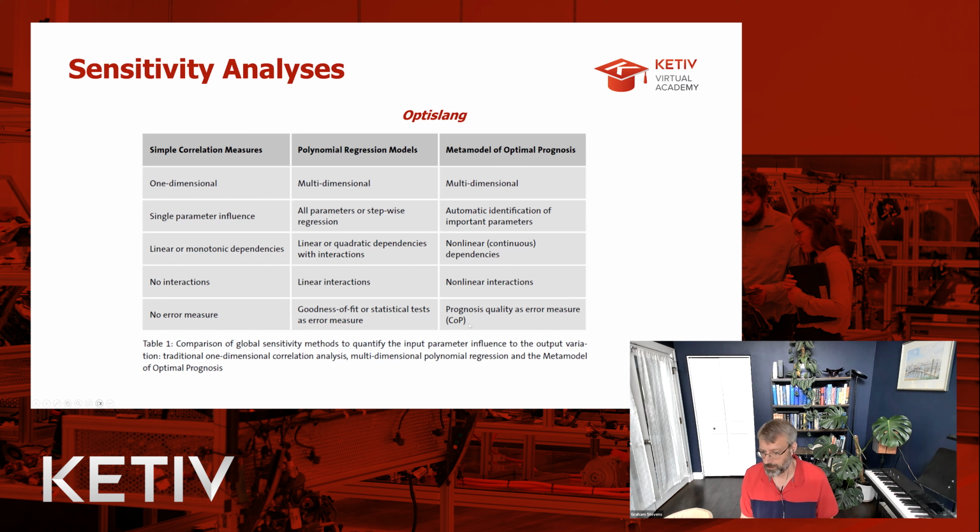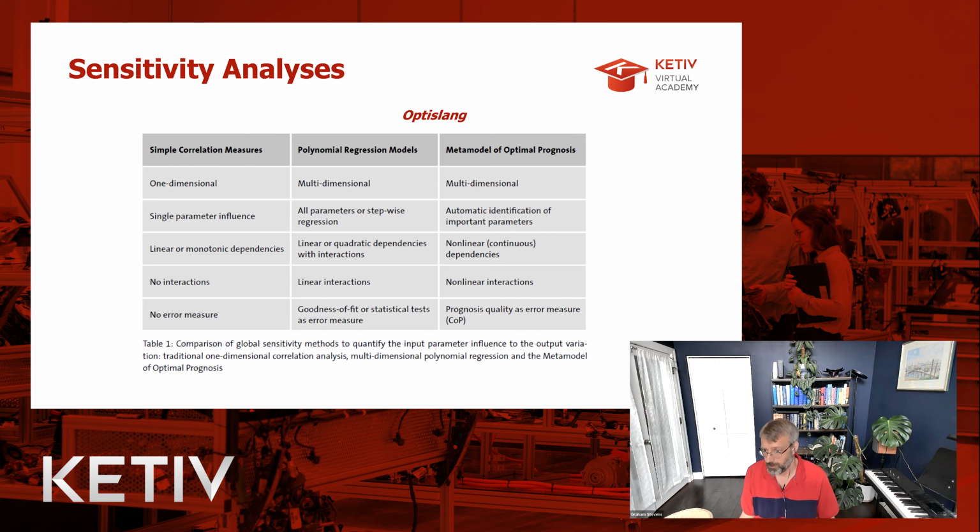It has a prognosis quality as an error measure to see how well the internal meta-model conforms to the actual reality, and you can take a look at that to see if the predictions are good or not. If they're not, you can use what's known as run models, where it just runs the HFSS model.